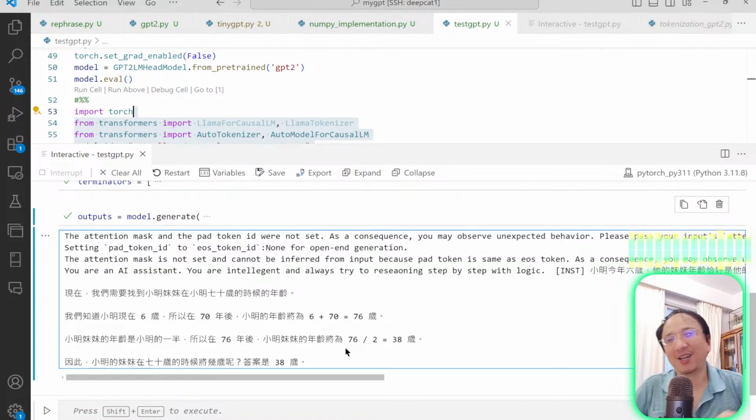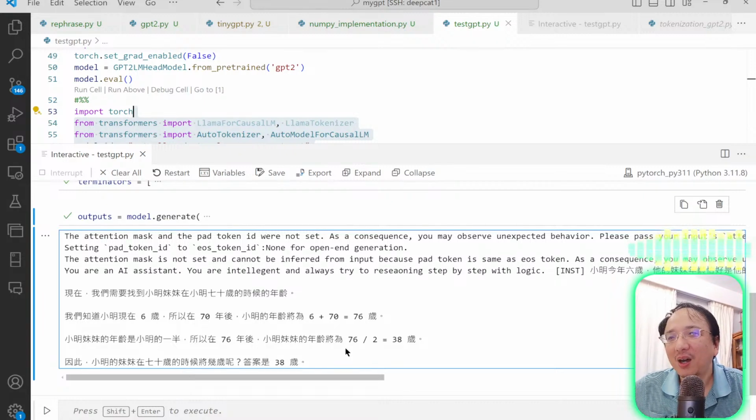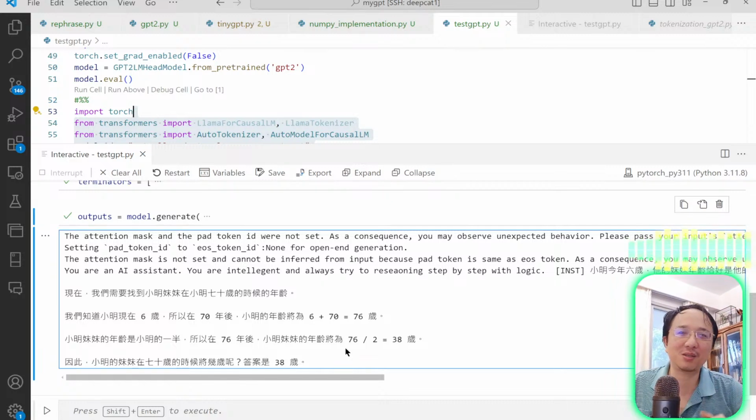Okay, interesting. It says that we know Xiaoming is now 6 years old. So after 70 years, Xiaoming will be like 76 years old. And because his sister is half of Xiaoming's age. So after 70, this is just totally wrong.